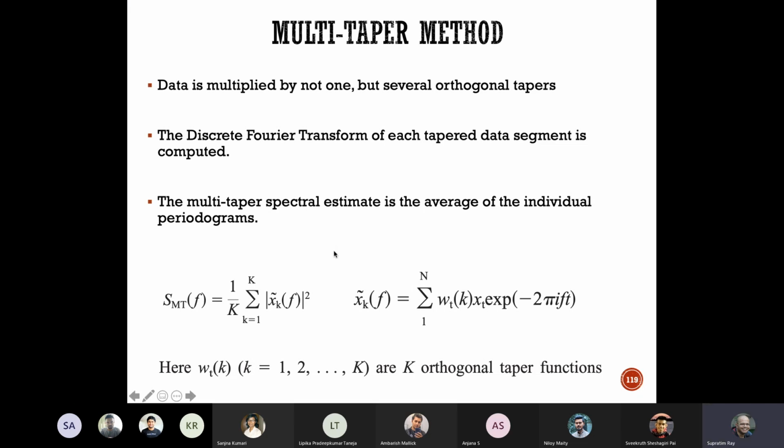So from 5 trials, I'm going to essentially end up getting 50 trials, because each trial is multiplied by 10 orthogonal tapers. So it's as if I'm going to get 10 DFTs from each trial.